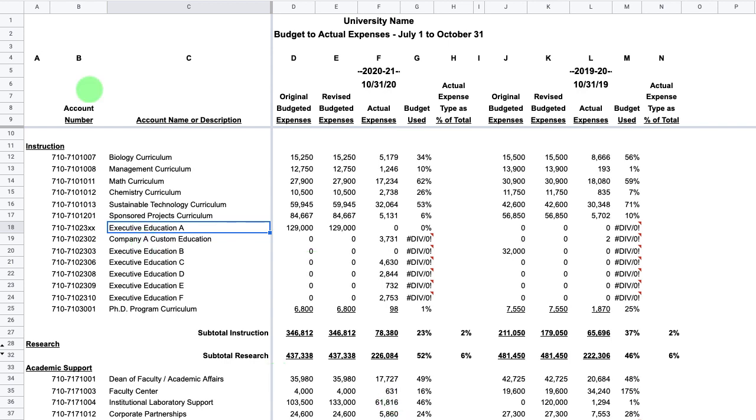So at any rate, this has been a quick tour of this particular financial document. Again, comparing the year-to-date expenses with the budget as of October 31st this year, and the same comparison as of October 31st the prior year.